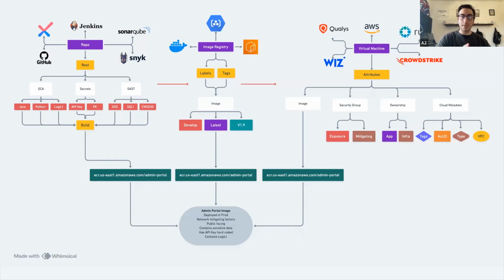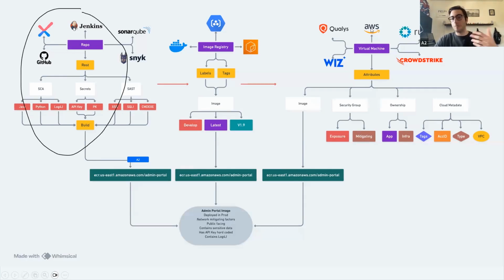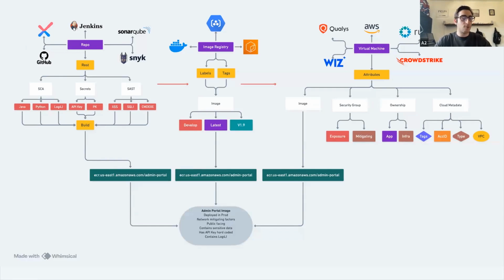The developer is constantly making Git commits and pushing code to repos, and that repo is continuously being scanned. On the left-hand side, we have our traditional SCA, secret scanning, SAST scanning, your Checkmarx of the world, your GitHub Advanced Security, your SonarQubes, that are always scanning these repos. And this is before it's being built.